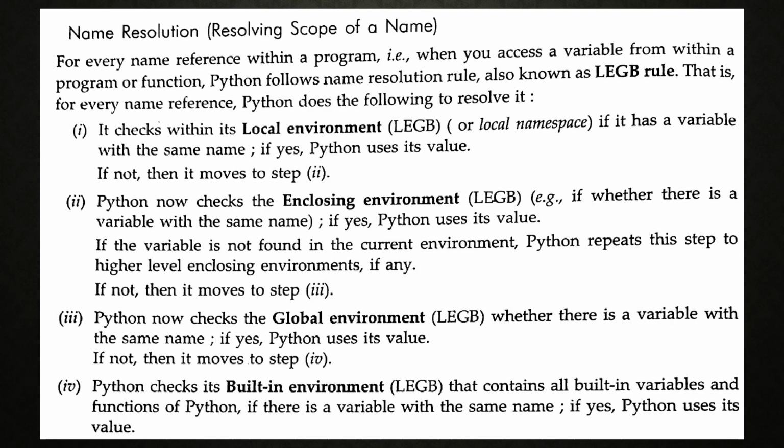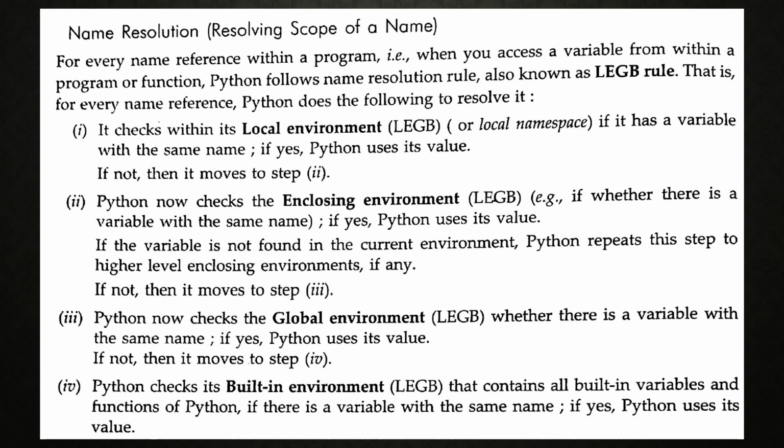So what is there in step number 3? If it is available in the enclosing environment, then it is okay and it will continue with that value. If it is not there, then Python checks the global environment. That means whether such a variable name is available in the main program or statements without indentation.